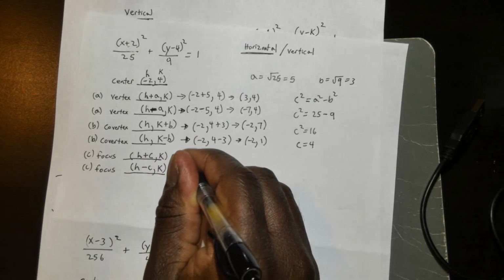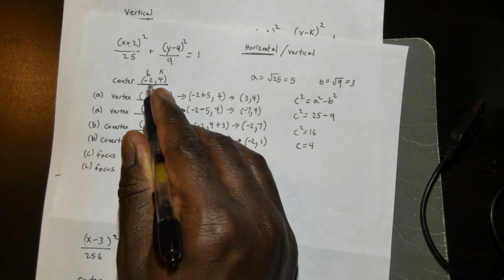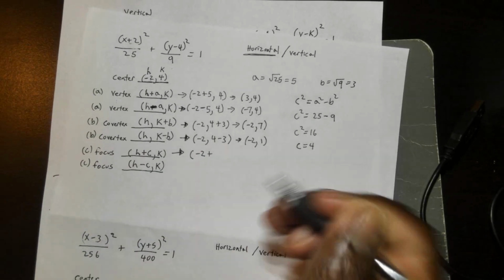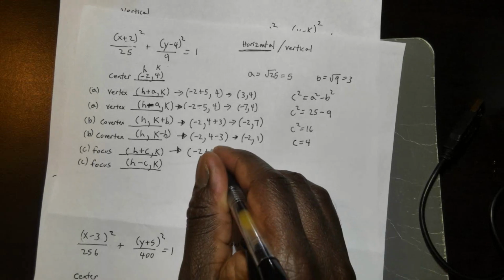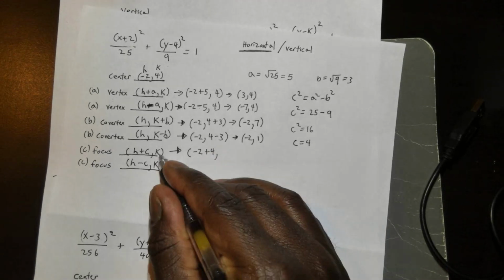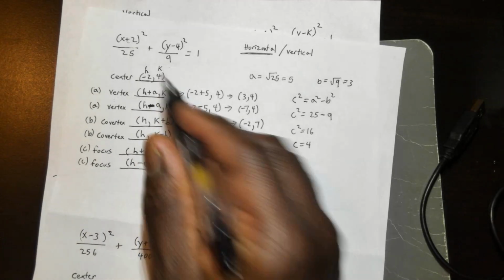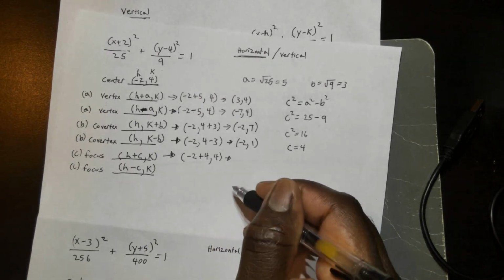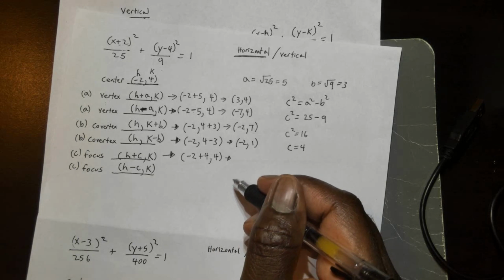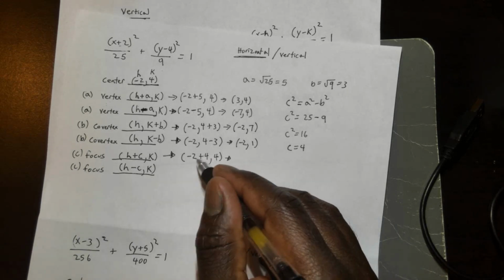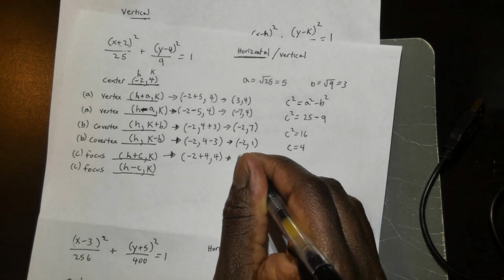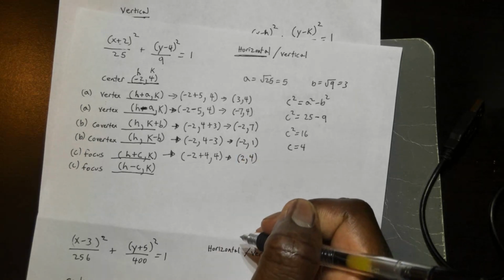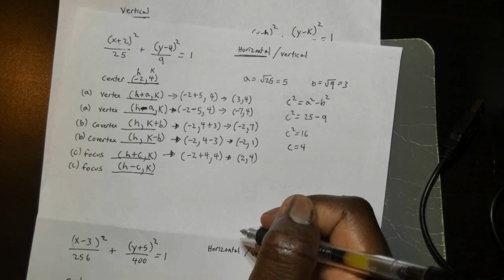If we do that, remember our h value is -2, so we have -2 plus the c value, which we said was 4, comma the k value, which we said was 4, and it's just a coincidence that it's the same number. But in any case, when we add these, we're going to end up with 2, comma 4 for one of the foci, or for that particular focus.